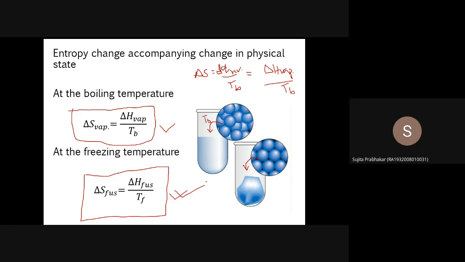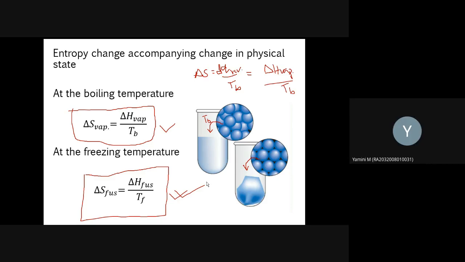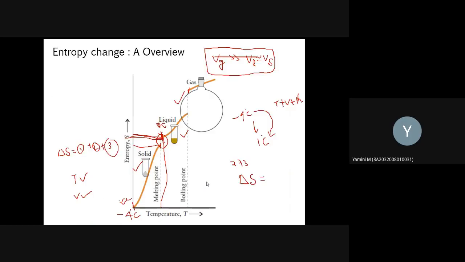I'll have a look at that question. Sure, sir. Akka, can you repeat the question one more time? The given values: pressure is 1 atmosphere, temperature is 273 Kelvin, entropy change equals 28.80 calories K inverse, heat of fusion 80 calories g inverse.